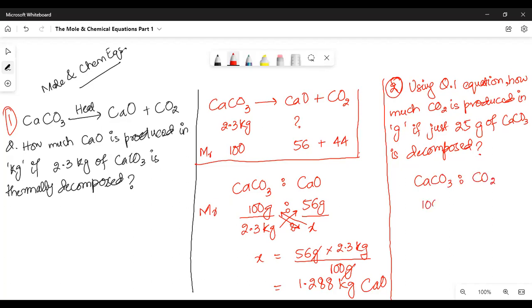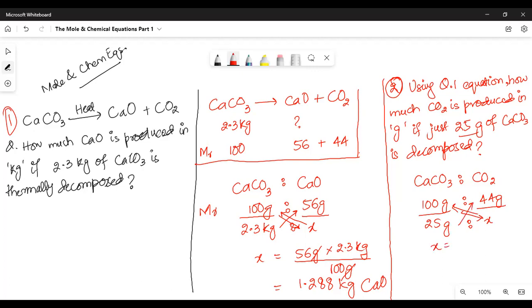And since 100 grams of this produces 44 grams of this, what if we don't go with 100 grams? What if we just go with 25 grams as stated in the question? So instead of 100, we have 25 grams over here. What are we going to produce over here? We don't know. So we're going to put it as X. So you divide both of them. This goes over here. This comes over here. This also goes over here.